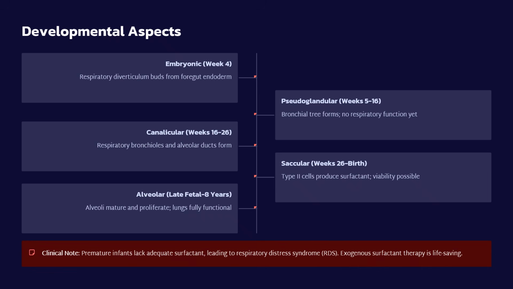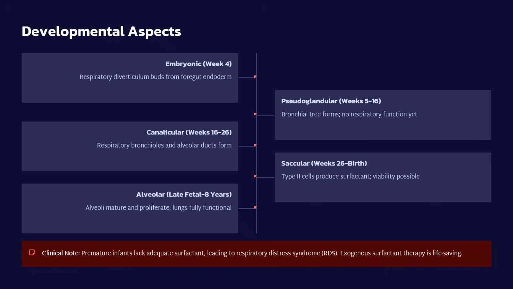The respiratory diverticulum bud is formed from your foregut endoderm at 4 weeks. By week 5 to 16, your bronchial tree forms and there is no respiratory function yet during the pseudoglandular stage. In the canalicular stage, week 16 to 26, the respiratory bronchioles and alveolar ducts are formed.